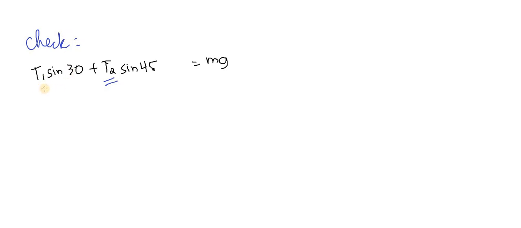Let's substitute the values that we have. Mass is 5.6 kilograms multiplied by 9.8 meter per second squared.